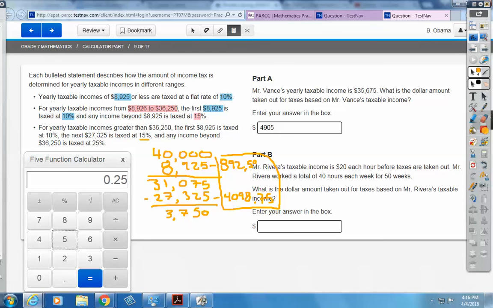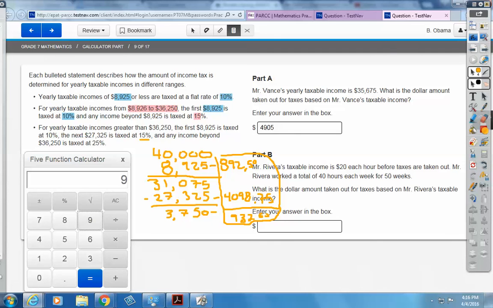That's what it says right here. And so he will owe $937.50. So I will add these three values together to get his total tax owed.